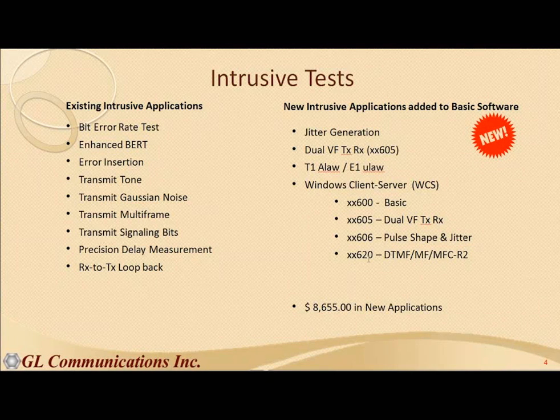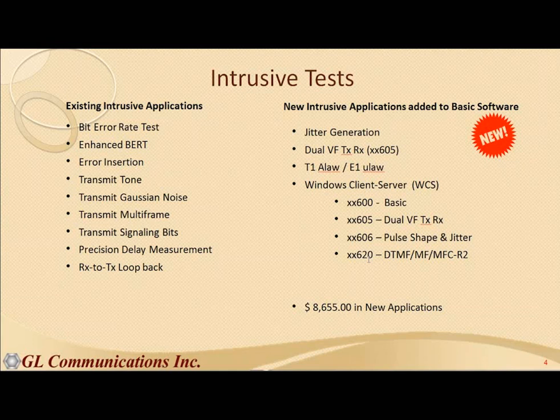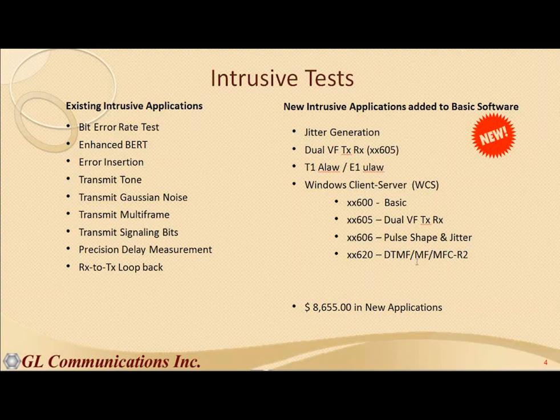This allows for automation. If you were to use our hardware in an assembly line, you don't want to sit there manually testing these things. You want to just write a little script and bang bang test certain functions, like for example pulse shape and jitter, or DTMF or something like that. You can easily write a little program that tests basic functions.